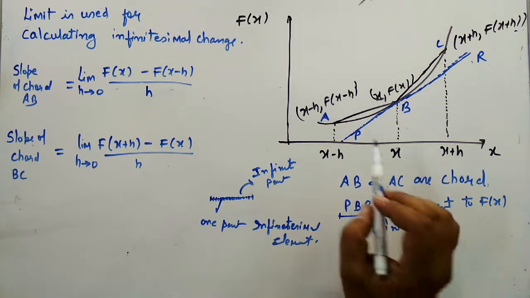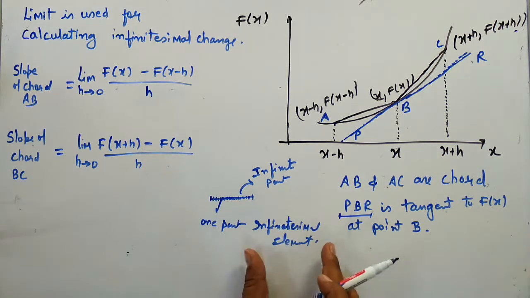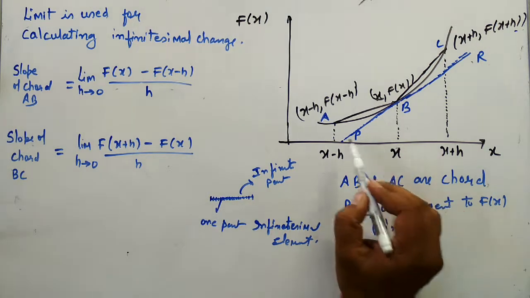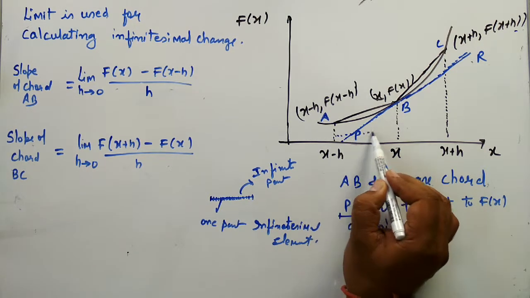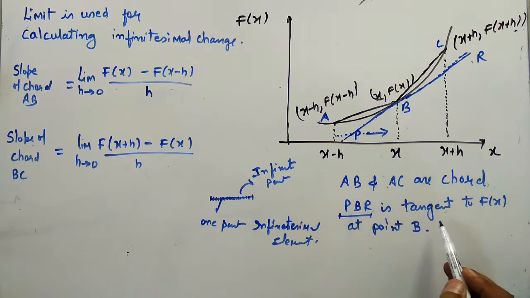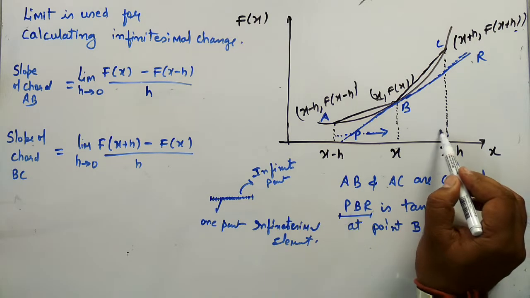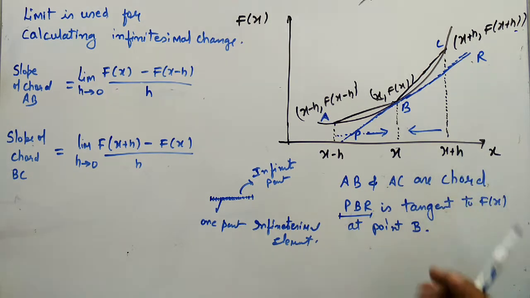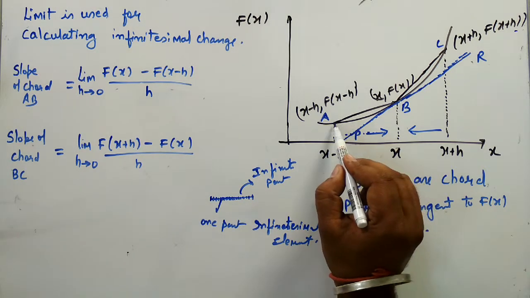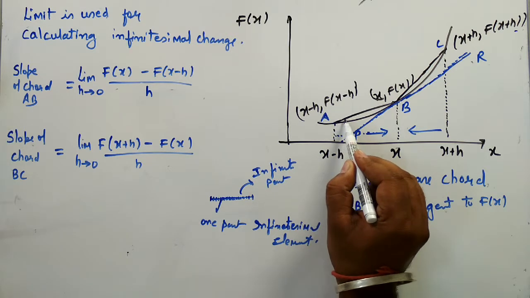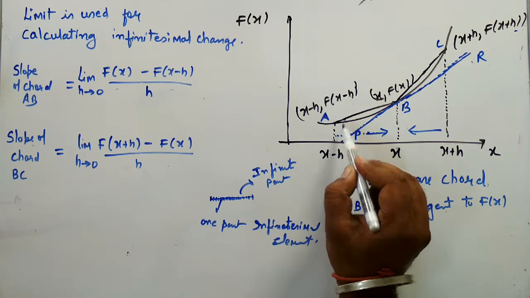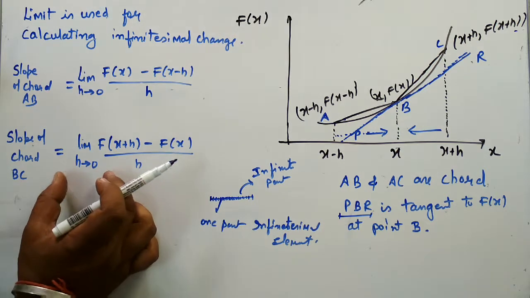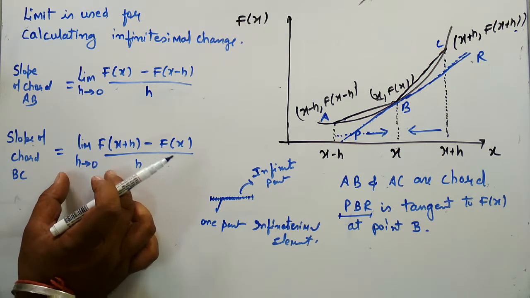If this value is very small, like an infinitesimal element, this will approach x, and this x plus h also approaches x. Consequently, the length of this chord is also shortened by using this infinitesimal change.